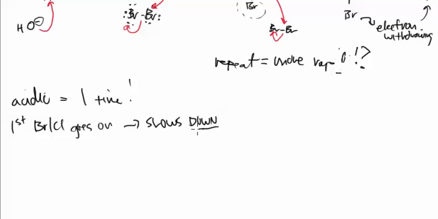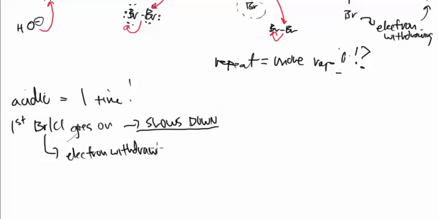Okay, so now you're probably questioning, well, why? I mean, a bromo's a bromo group. Why does bromo in an acidic environment slow down the reaction, but a bromo in a basic environment speeds up the reaction? And that's because bromo here, or chloro, well, the story still is it's electron withdrawing.